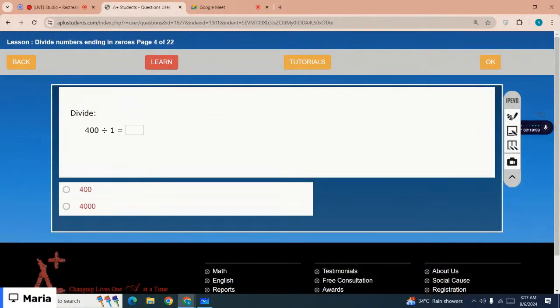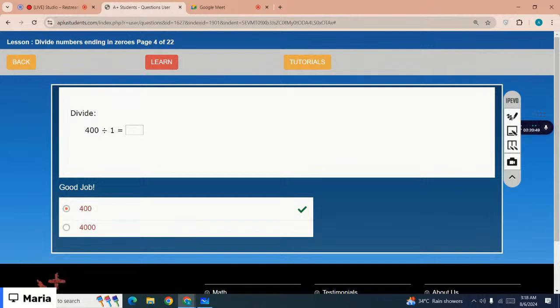The next one is 400 divided by 1, which is the correct option? Yes, then 400 divided by 1 is exactly 400.